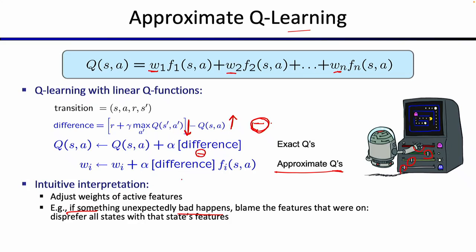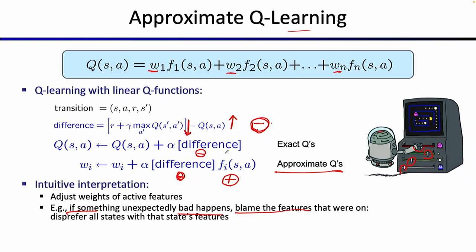Then we will be plugging it in, and for the weight updates, if we assume the feature value is high, meaning positive, we'll be multiplying a negative times a positive, and so we will be reducing the weight of this particular feature. So we're basically placing the blame on this feature if something bad happened. Because the Q value is a linear combination of these features, by reducing one of the weights, we will also, as a consequence, reduce the Q values for this state.